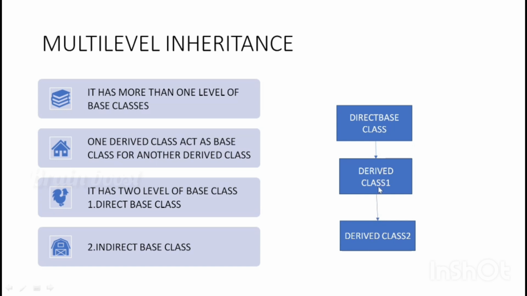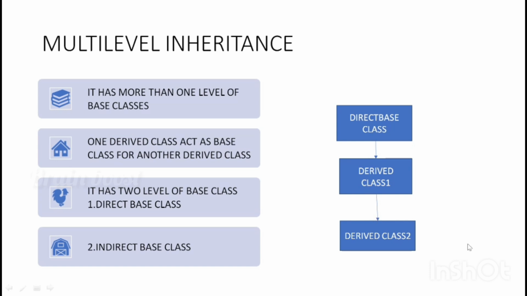Here this is the derived class, but it also acts as a base class for derived class 2. It has two levels of base class. This is the direct base class, this is the indirect base class. So this is multi-level inheritance.